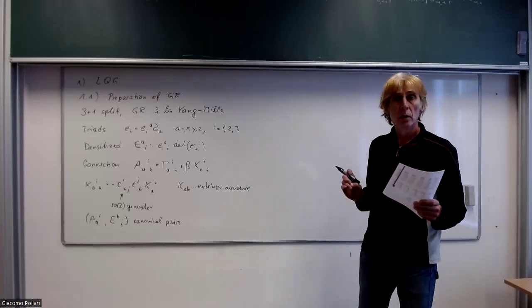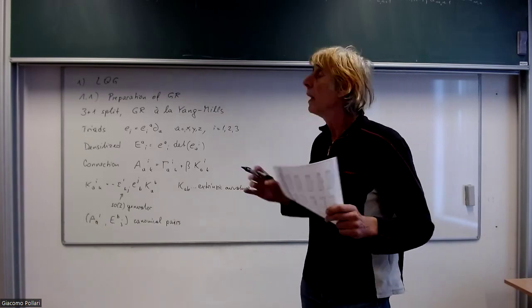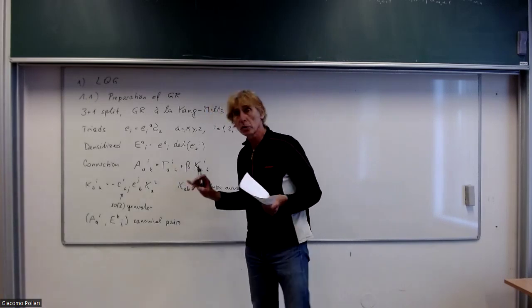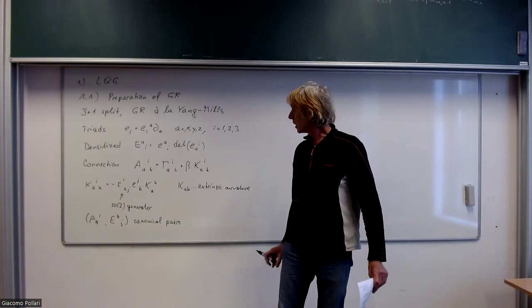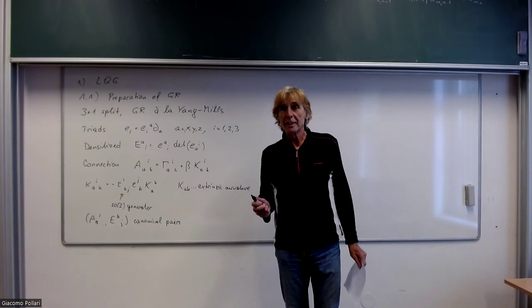And when you say real parameter, you really mean real as opposed to complex. Historically, first an imaginary parameter was used to simplify the Hamiltonian constraint. But this is really real. It's real, yeah.